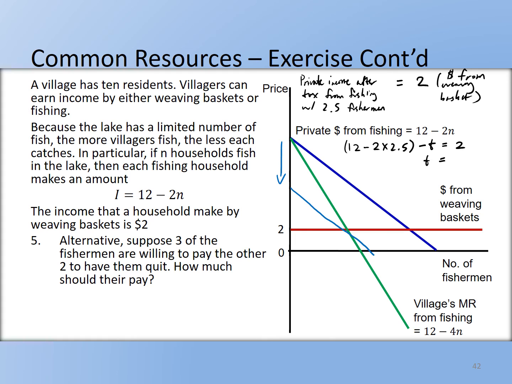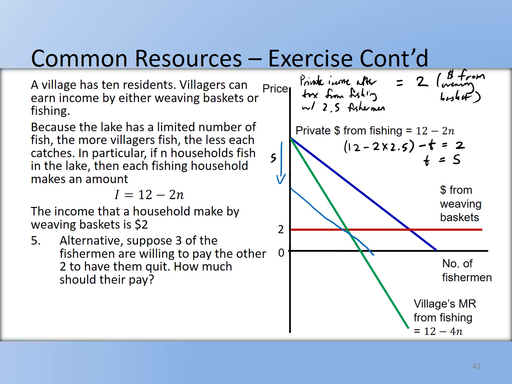So tax has to be 12 minus 2 times 2.5, that's 12 minus 5, so that's 7. 7 minus 2 is 5. In other words, you have to tax $5.